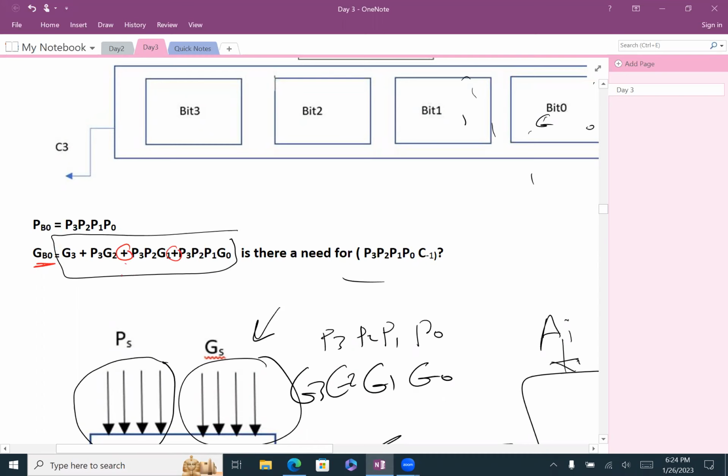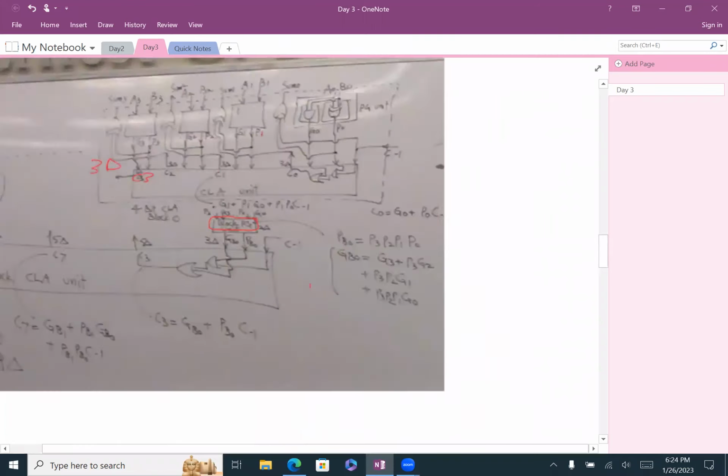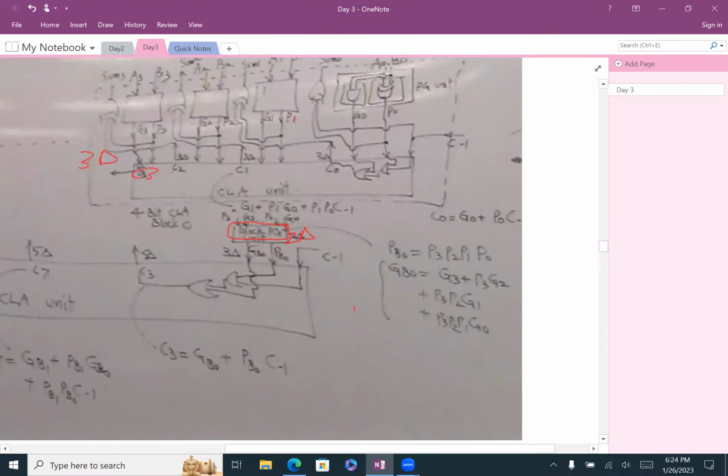You will have an OR, 2 delta, 2 levels. So this one is 2 delta. If we go back again, how much do you need here? 2 delta, correct? Then how much will this one take? 2 delta, right? Now, to receive the output, how much? So we say 3, correct? Then you will have 2, that's 5. Then you will have another 2, 7.